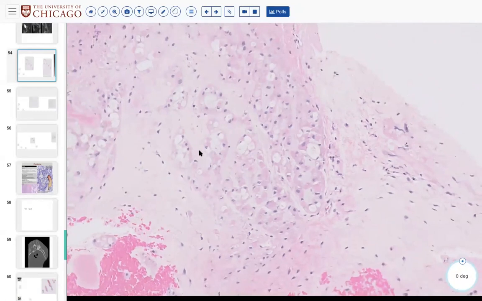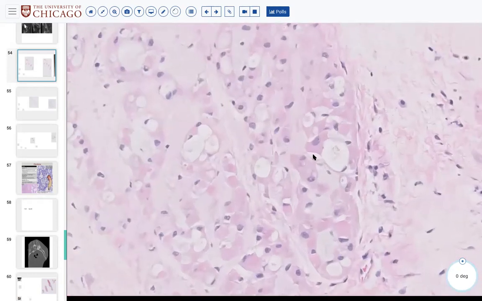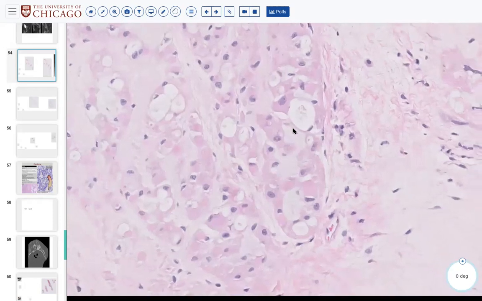And regarding the stains, I would like to have keratin, EMA, S100. Those are the stains I'm expecting to be positive. All right. So I'll comment on the stains in a second.